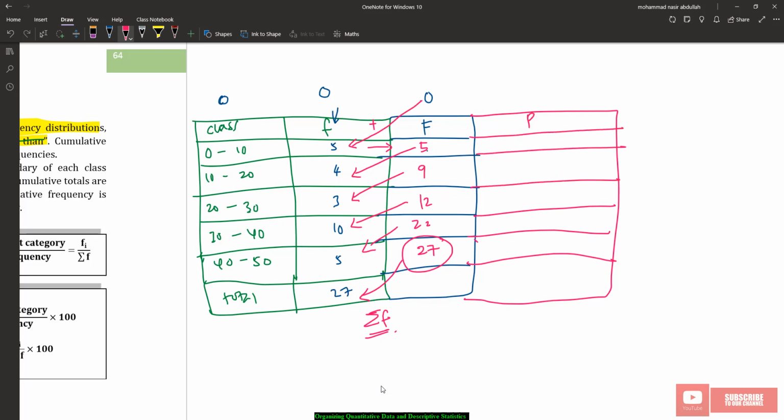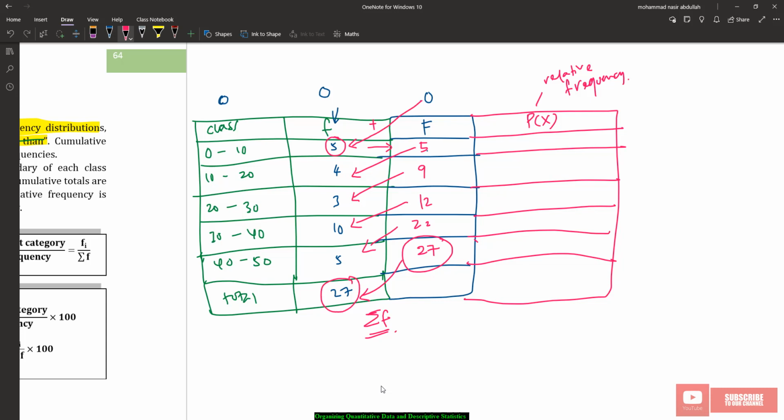Relative frequency, or what we call the probability class column. Relative frequency is the frequency of the class divided by the total value of the frequency.